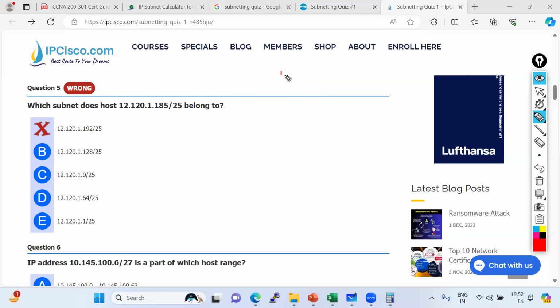So the first part would be 12.120.1.0/25, and the second part is 12.120.1.128/25. So the hosts in this subnet go from 1 to how much? 127, right? And here 129 to 256.